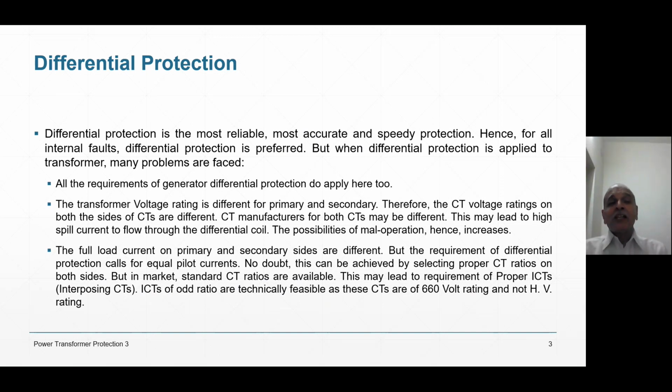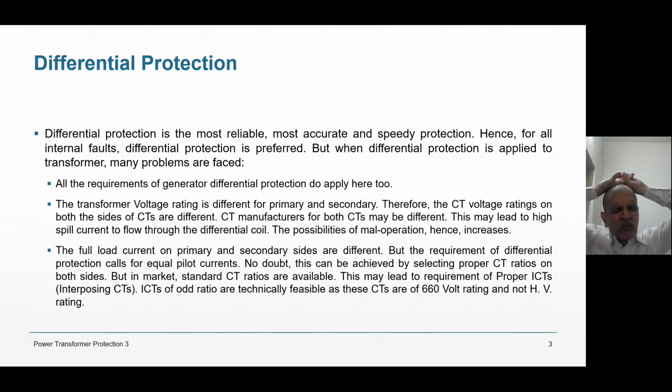So what happens is that on primary side you have a ratio 10,000 by 5, and on secondary side you have 750 by 1 or 1000 by 1. So when you take it to secondary, the pilot currents are not equal. And when pilot currents are not equal, you will have to use ICT, interposing CT.